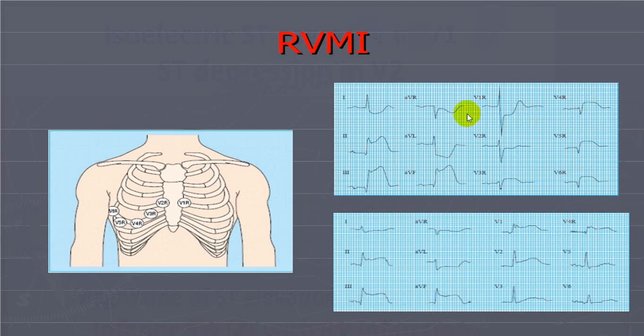These are right side chest leads. So V1, this is standard V1, V2. In V1, V2 you have got an ST elevation and V1 will be taller than V2.